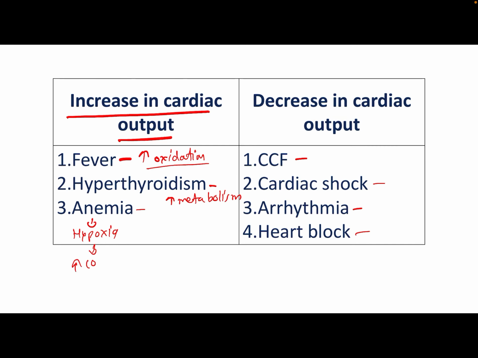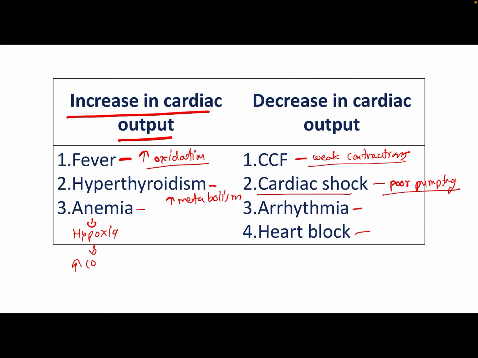Now decreasing cardiac output, congestive cardiac failure. Here there will be weak contractions, and due to these weak contractions there will be this congestive cardiac failure. Then cardiac shock will be due to poor pumping, so due to poor pumping in cardiac shock, the cardiac output will decrease.